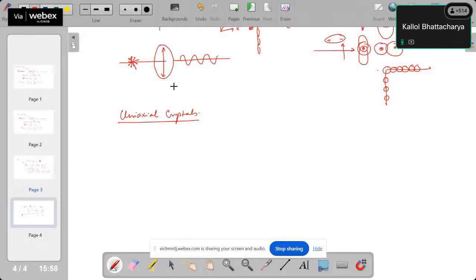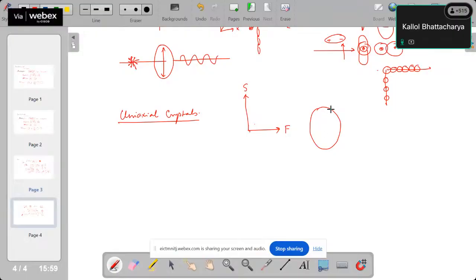In case of uniaxial crystals, we have a fast axis and a slow axis. Let's say this is my uniaxial crystal in the form of a retarder.